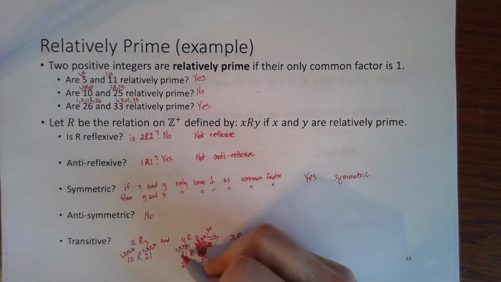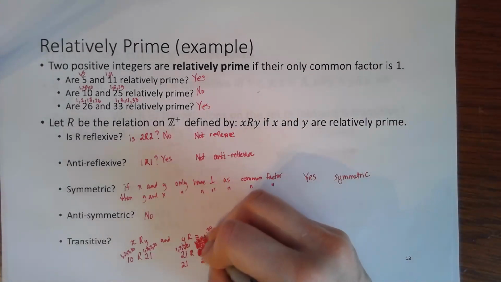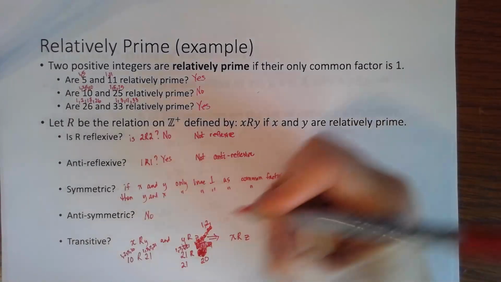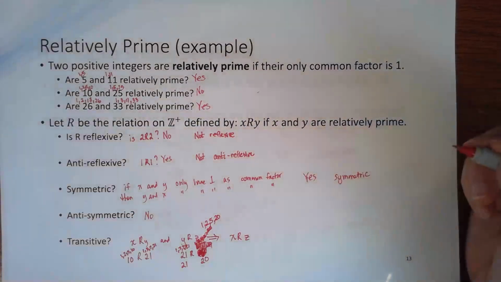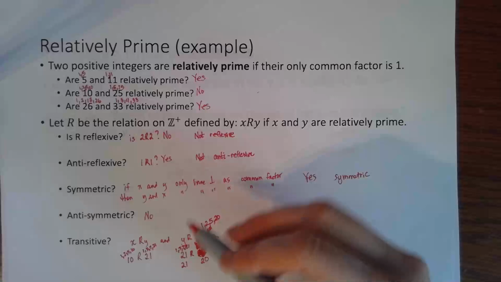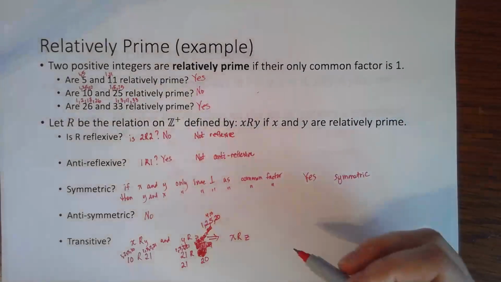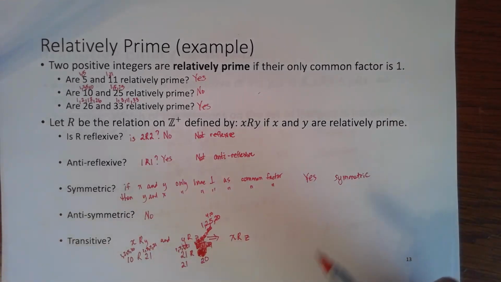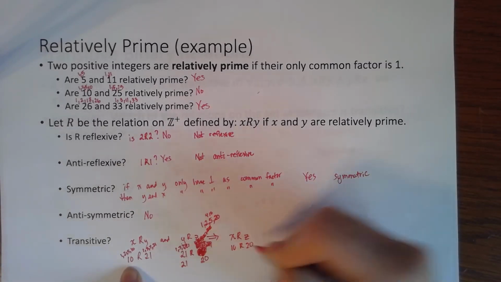So 21 has 1, 3, 7, and 21. 20 has 1, 2, 5, and 20, and also 4 and 10, if you wanted to list all the other factors. But the only one in common is 1, so these are relatively prime. Does that mean that 10 is relatively prime to 20?